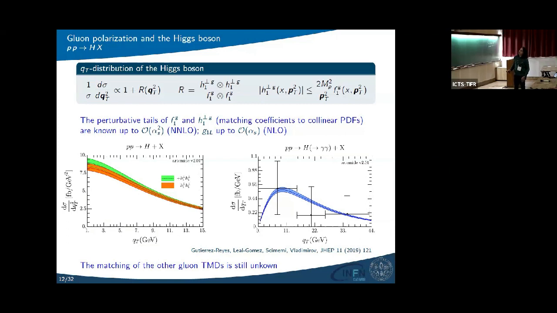And they even tried to show a comparison with the data. Now there are more data available for Higgs production at small qT. So I'm sure someone will study this data again in the TMD approach also for Higgs.